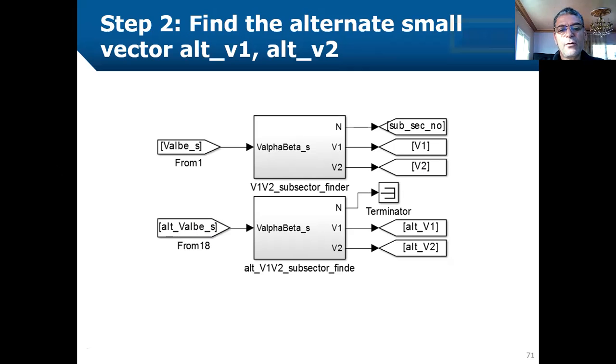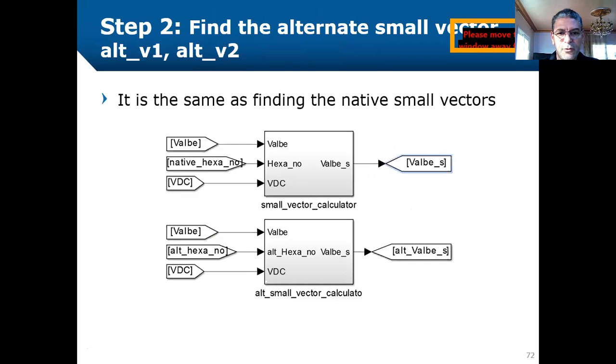We get the V1 and V2 native and the alternative V1 and V2, the vector values which we use to get T1 and T2. It is the same as finding the native small vectors.